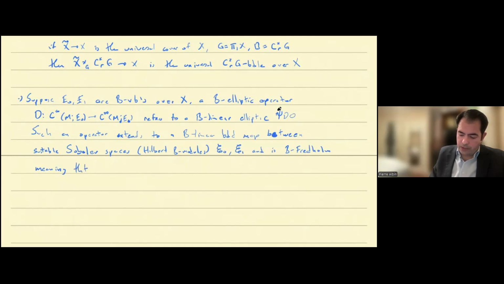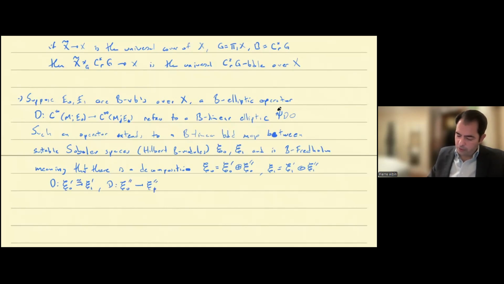Meaning that there is a decomposition: E0 splits into E0 prime and E0 double prime, and similarly E1. D restricts to a map between these factors.